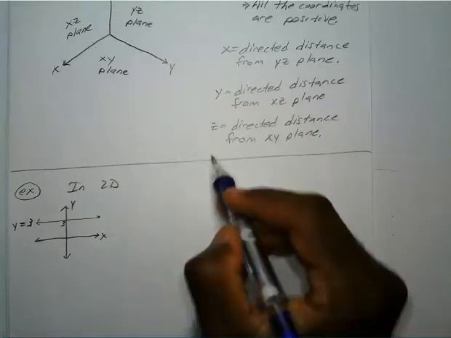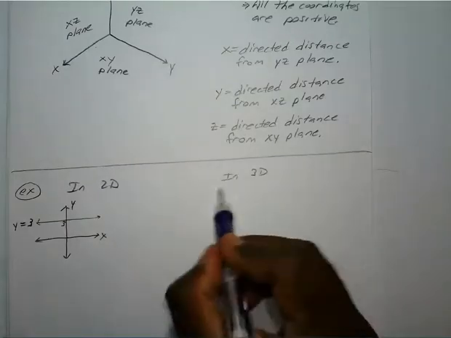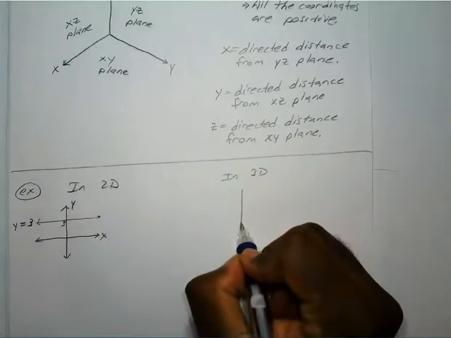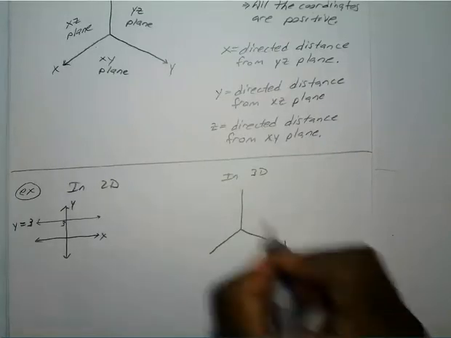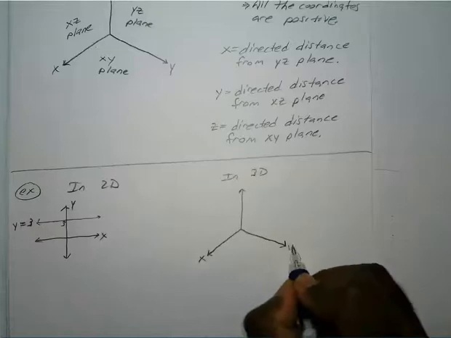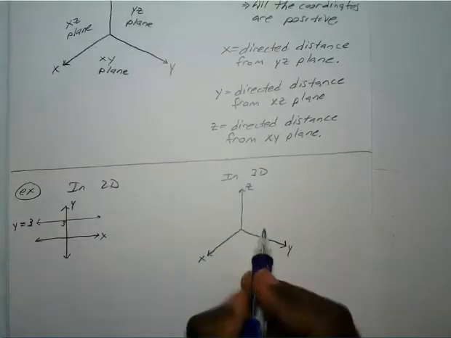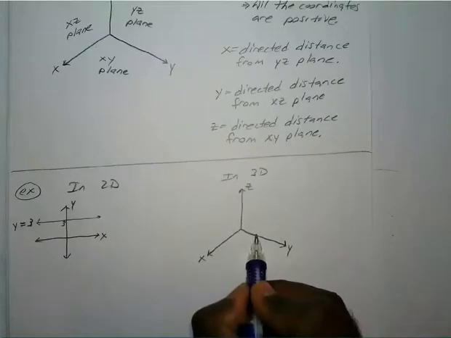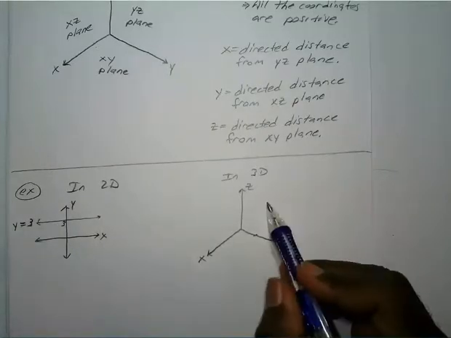Okay. Now in 3 dimensions, if we have our X, Y, and Z, Y equals 3 is that spot right there. But in 3 dimensions, it's not a line. It's actually a plane.